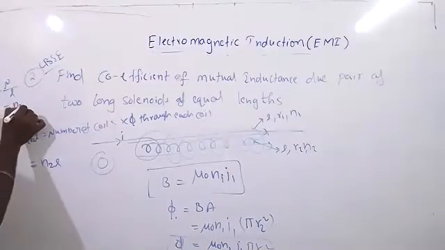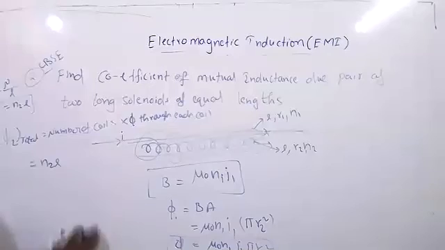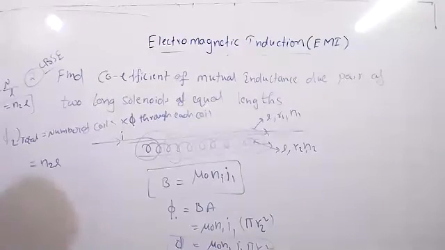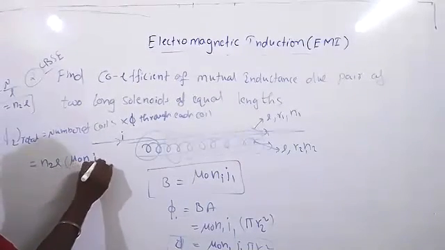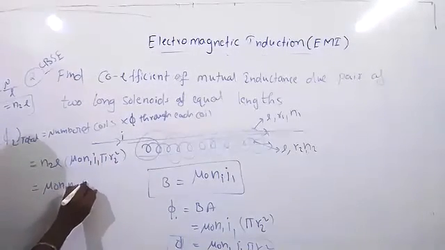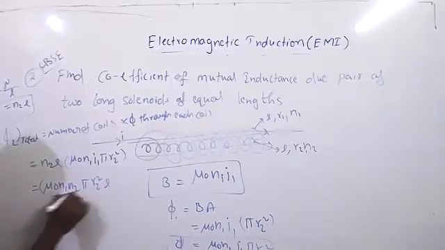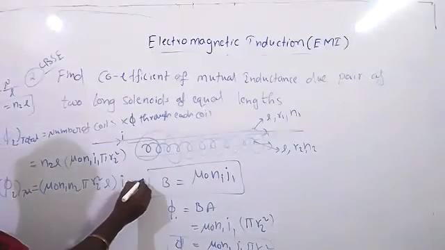So from this, the total flux is mu naught N1 N2 pi R2 square L into I1. Take it as equation A.